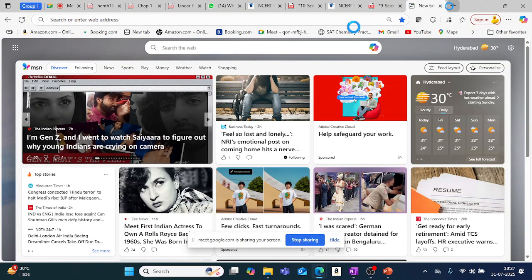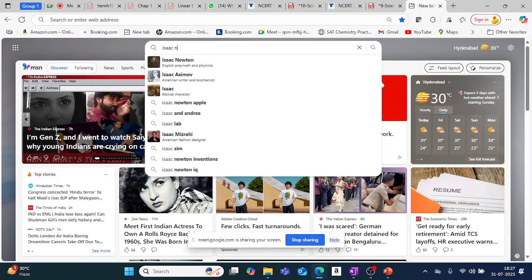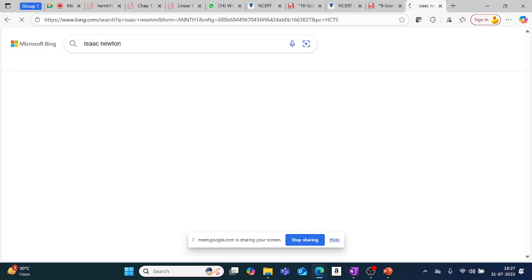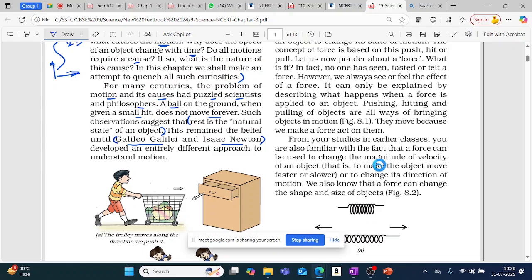Till then, they thought an object's usual, natural state is rest. 1643. Almost 350 years, 380 years. Till then, people thought that rest is the natural state of an object.